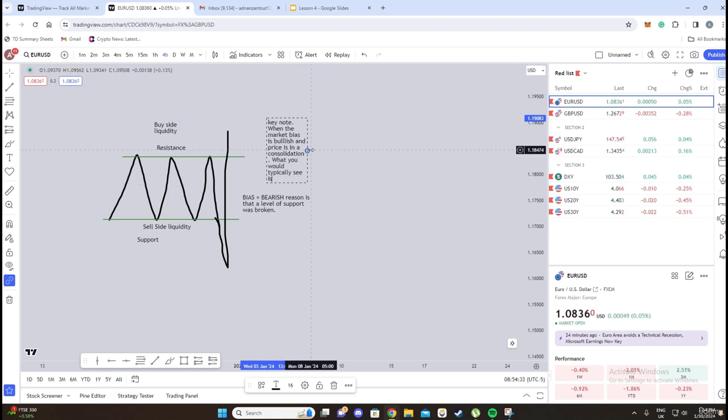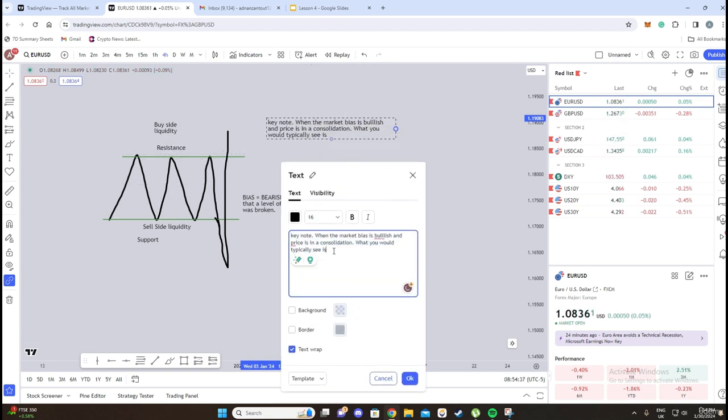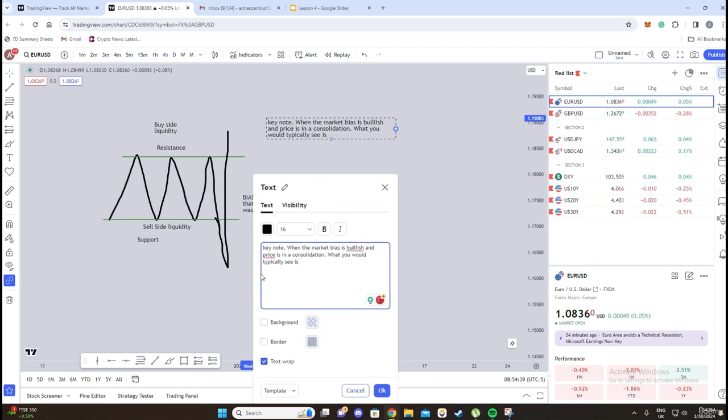Make it a bit bigger for you guys, a bit wider. It's annoying how this comes up every time I make it wider, but it's alright.